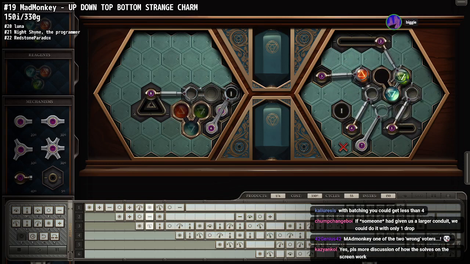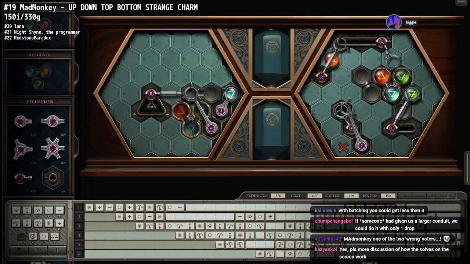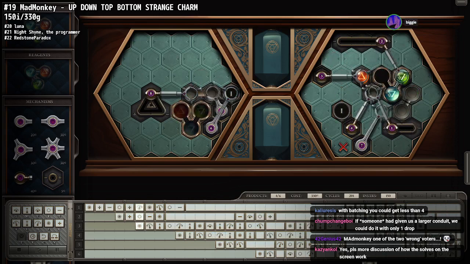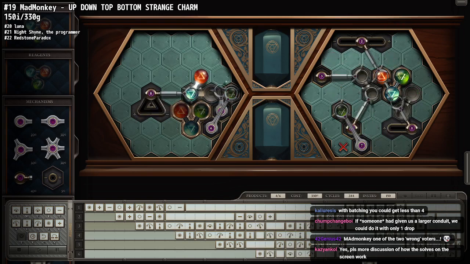So yeah, I should mention, just for the sake of people who didn't really follow all the rules early on, dropping the output onto the output glyph if it's wrong is not allowed. That's actually banned by the simulator. So you can't just make something, test it, make something else with it, test it again.